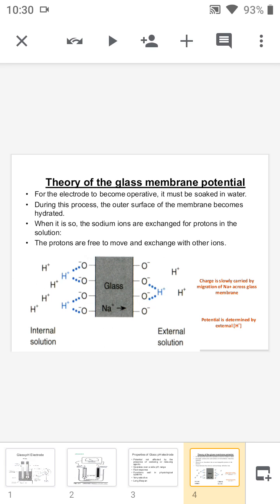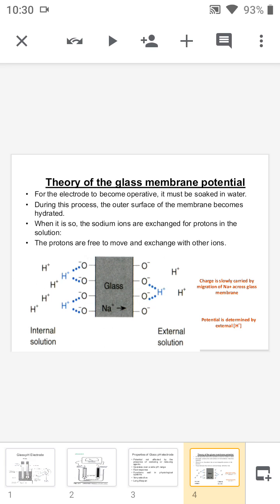The other side of the membrane is in contact with the external solution whose pH has to be determined. That solution also contains H plus ions, which form a weak interaction with the O minus ions. Due to the H plus ions on both sides of the membrane, a potential difference is developed, and that can be measured. Thus, we can find out the potential of the analyte solution.